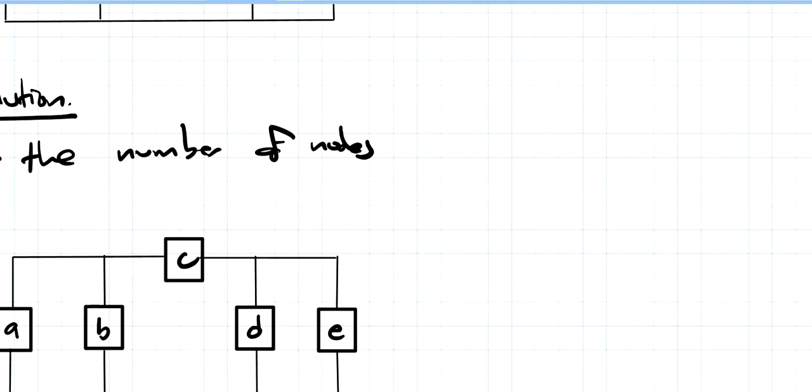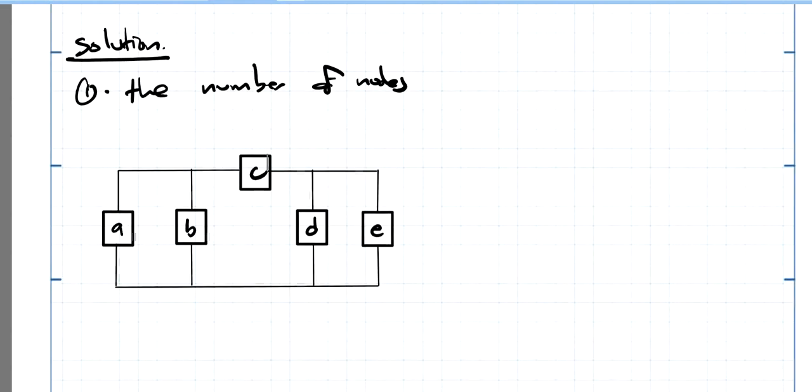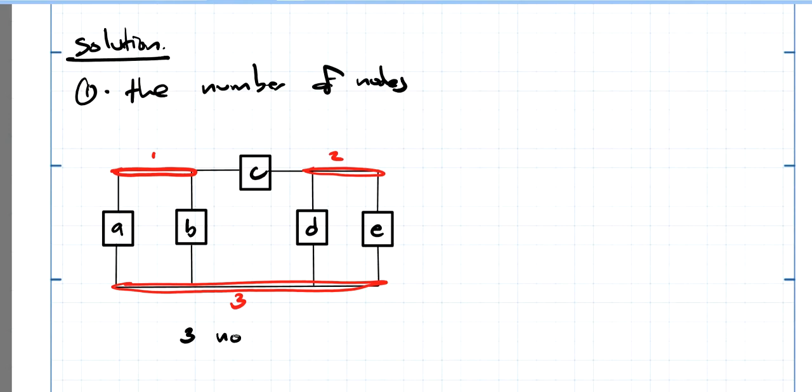So for the number of nodes, we have this. This will be a connection point, this will be another connection point, and this will be another connection point, right? So 1, 2, and 3, and therefore we have 3 nodes.